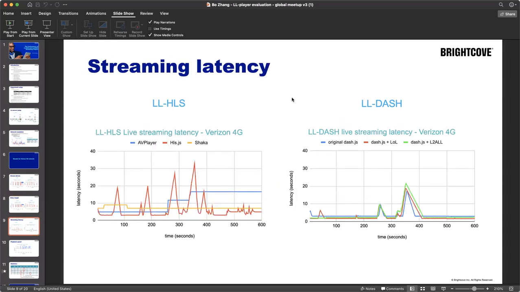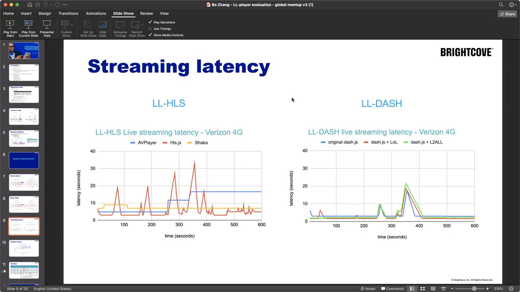And next, we look at the streaming latency. For HLS, HLS.js has the lowest average streaming latency. However, even though its average latency is low, there were several major spikes in the middle of the playback. So the variation of the latency is very high.